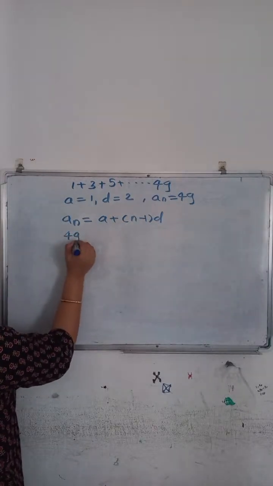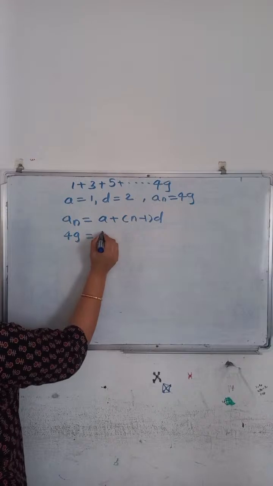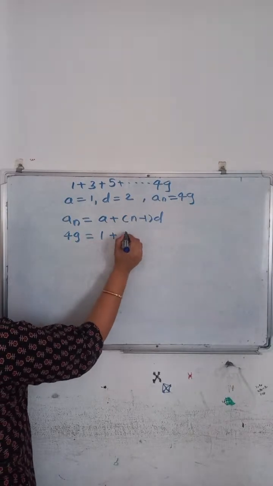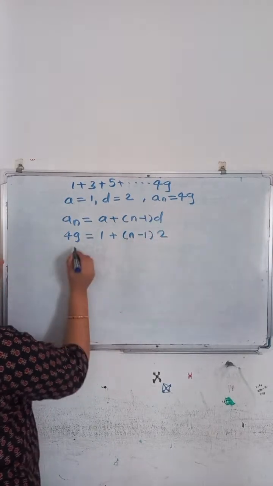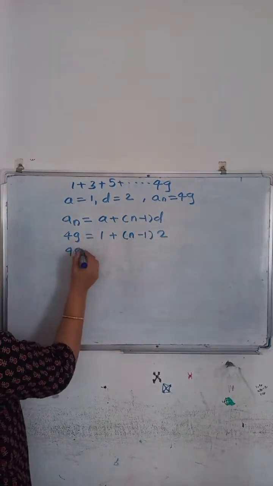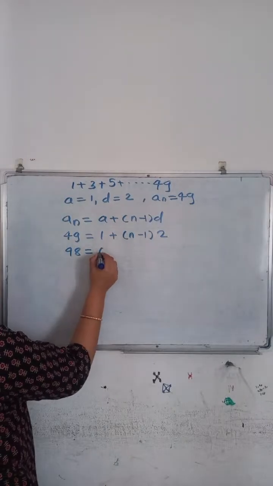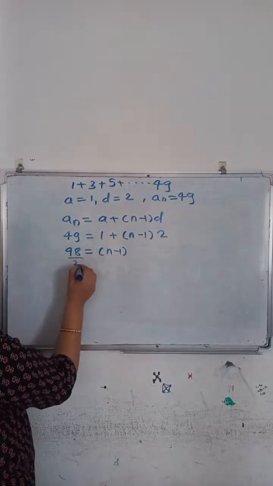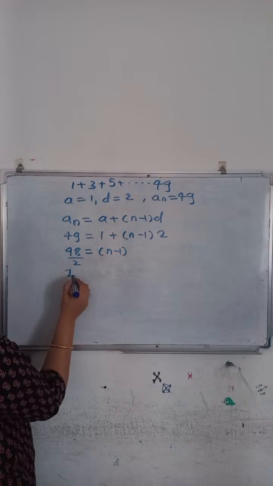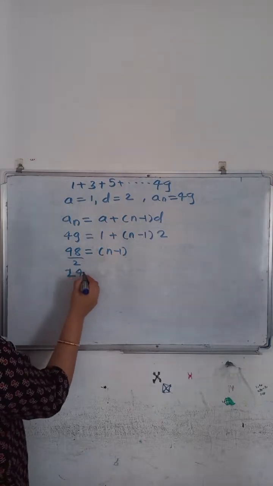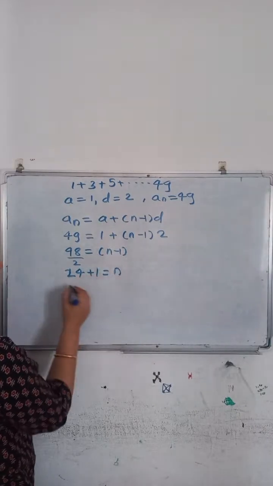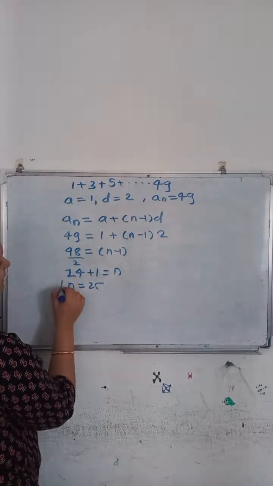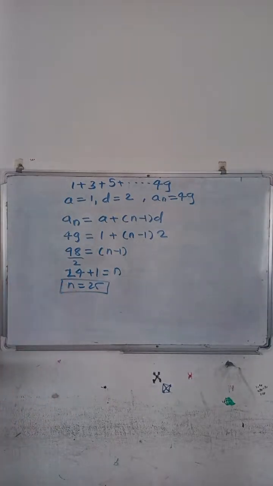So an is 49, a is 1, n we have to find, n minus 1, and d is 2. Transposing, 48 is equal to n minus 1 into 2, so 2 gets divided: 2 ones are 2, 2 twos are 4, here 24, and this minus 1 gets added. So n is equal to how much? 25 terms are there. n is equal to 25.